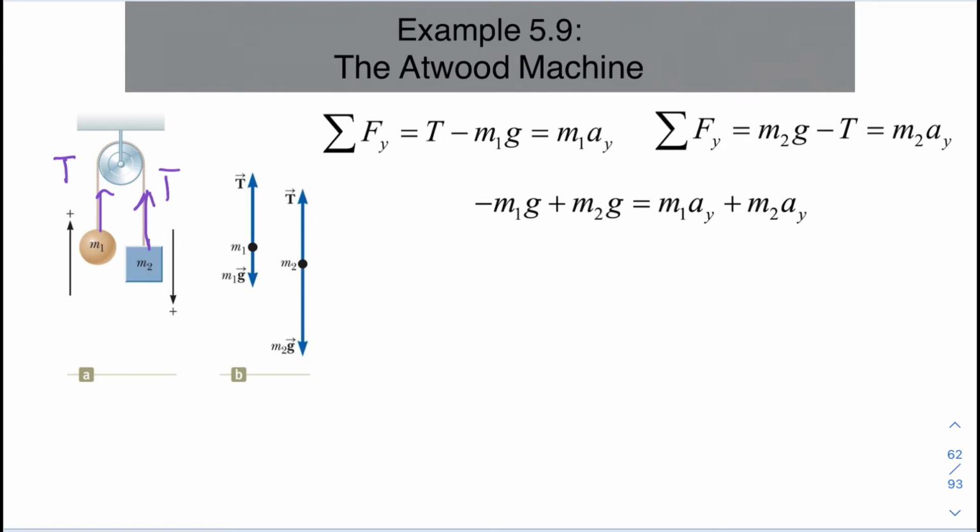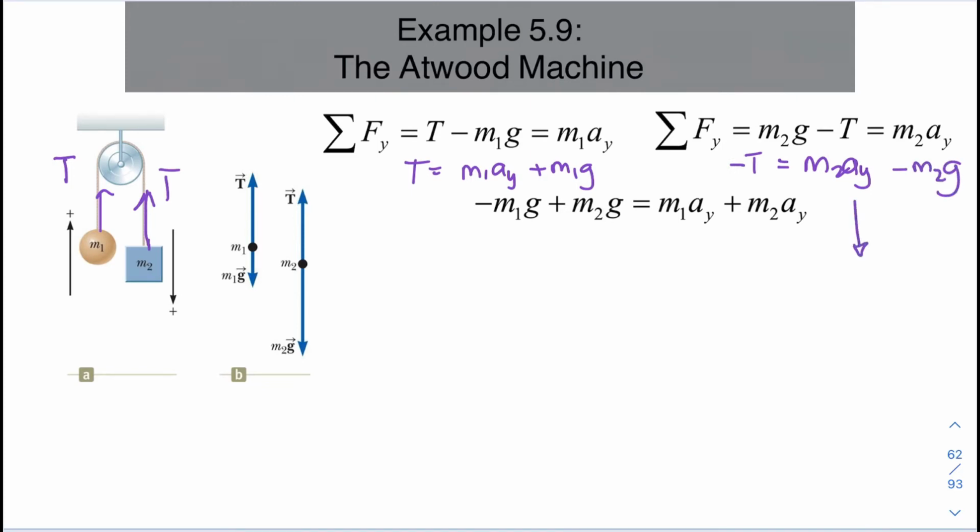Now, combining the T, we rearrange first. T is equivalent to M1 AY plus M1G. Here we have T is equivalent to M2 AY minus M2G.